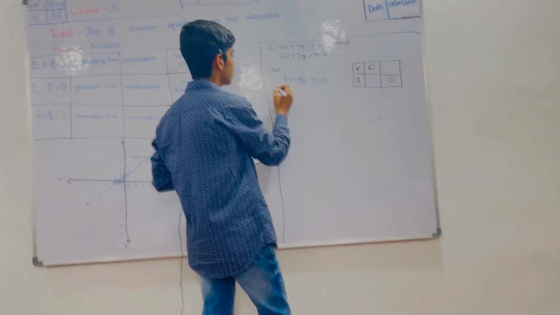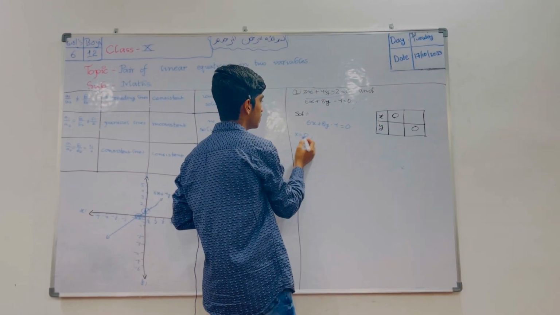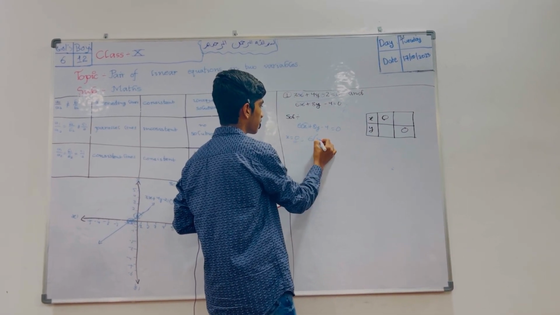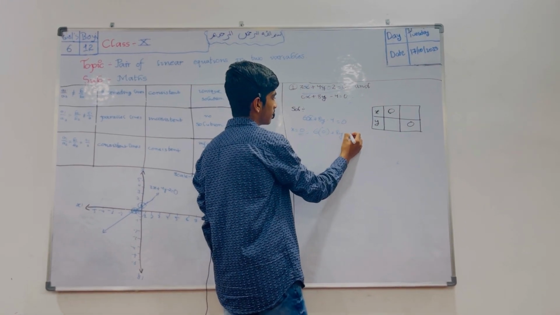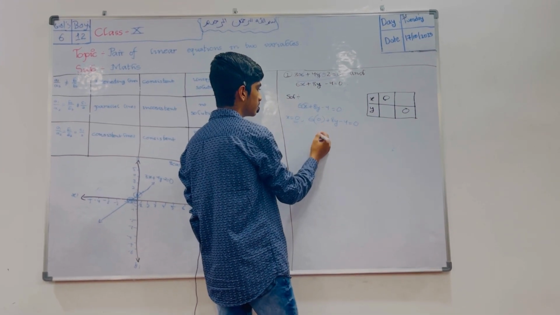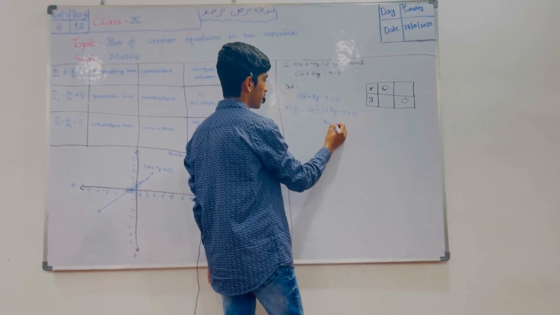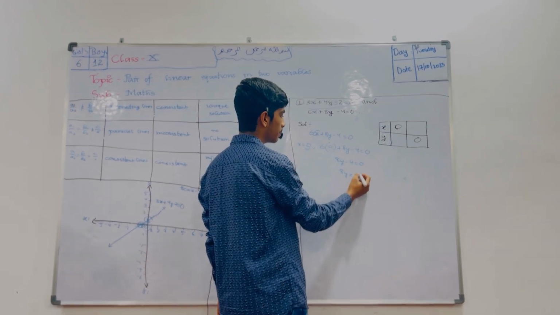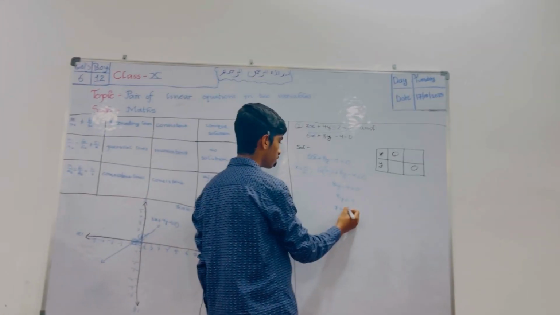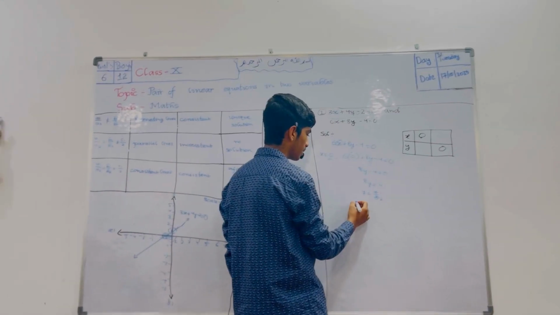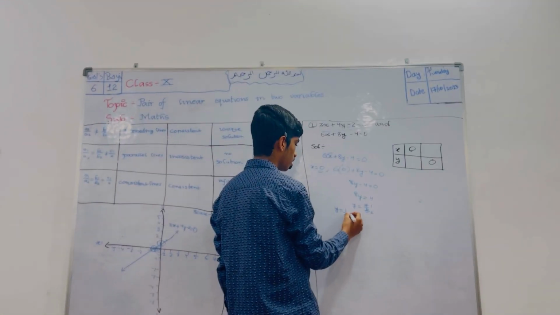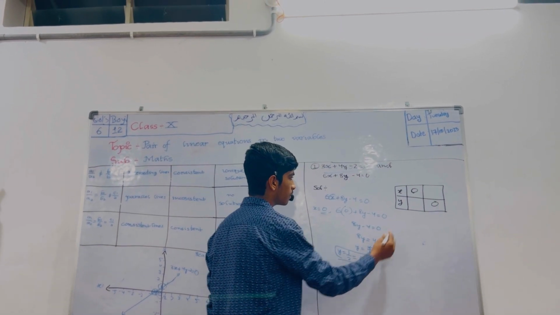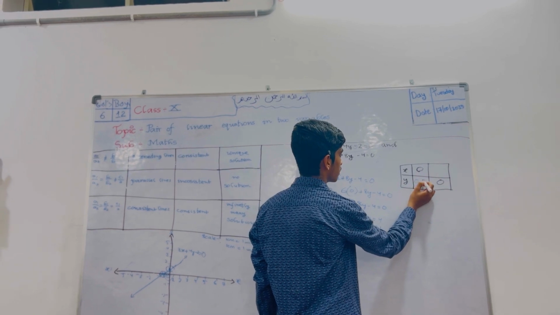Here x equals 0, which means in the x place we have to substitute 0. 6 into 0 plus 8y minus 4 equals 0. 6 into 0 means 0. 0 plus 8y minus 4 equals 0. 4 will get transferred to the right hand side and become plus 4. Y is equal to 4 by 8. Y is equal to 1 by 2, which means 0.5. Here we get the value of y, which is 0.5. So here we write 0.5.